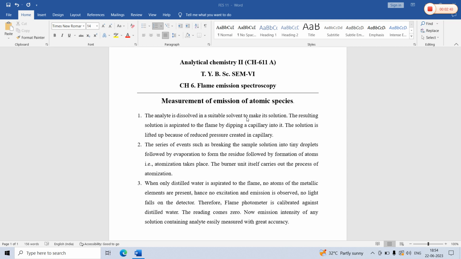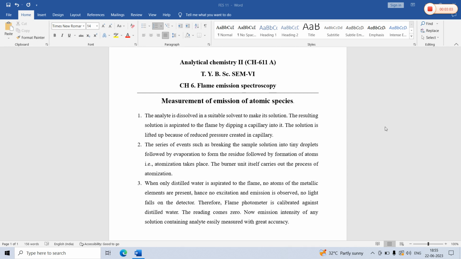We know that a solution is nothing but the combination of analyte plus solvent. The analyte is the sample which is under consideration for the study. So the analyte is dissolved in a suitable solvent to make its solution.